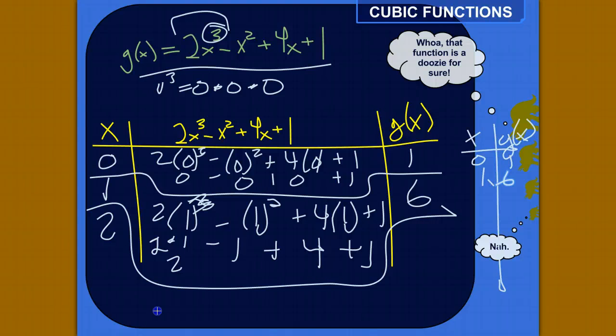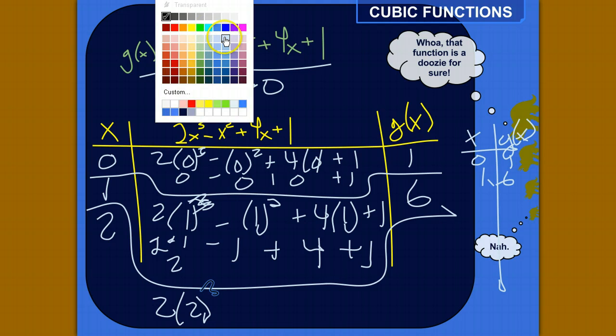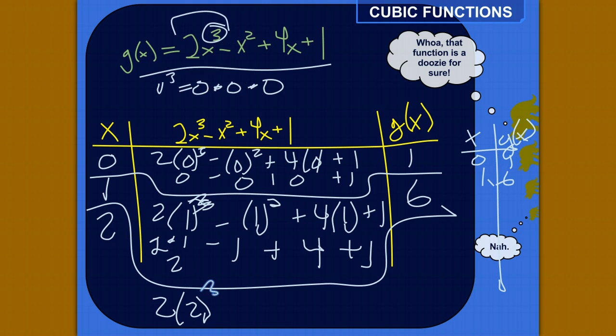So the function would be 2 times 2 cubed minus 2 squared, plugging that in for x squared, plus 4 times 2 plus 1.